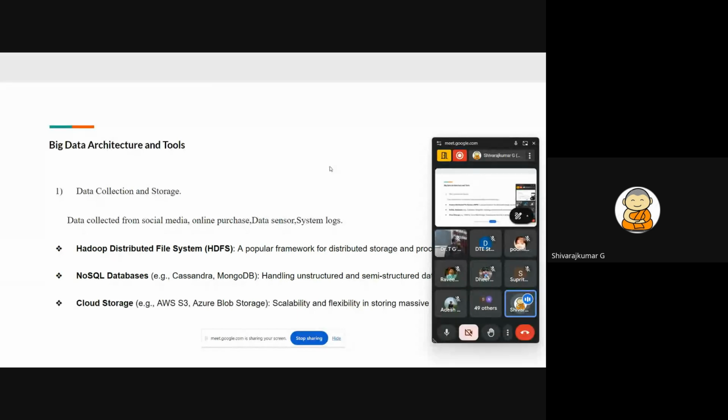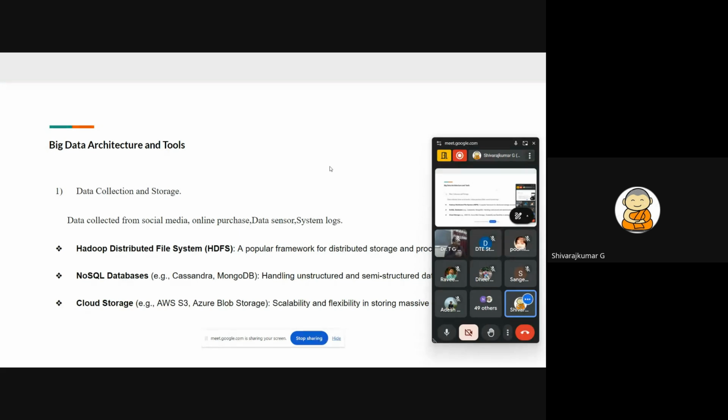Even a small watch has a sensor to collect data about your heart rate and how many steps you walk. Even in our mobile there are sensors; if you go on a picnic and click photos, you are storing them. So the data is being collected in various ways.